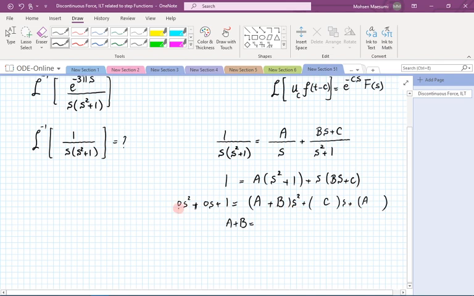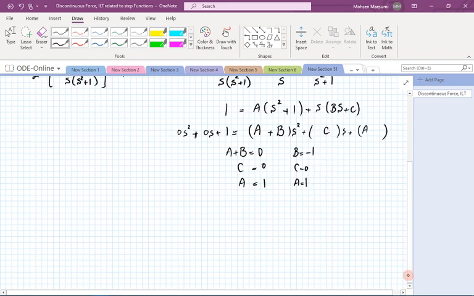So a plus b has to be 0, c also has to be 0, and a, the only term left here, is to be 1. Well, this is extra easy. A is 1, c is 0, and therefore of course b is minus 1.